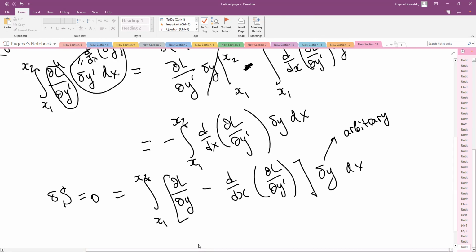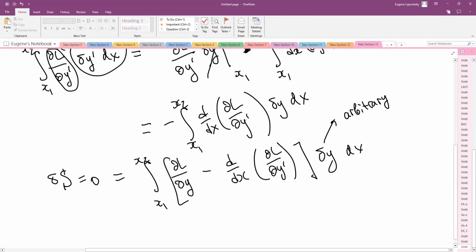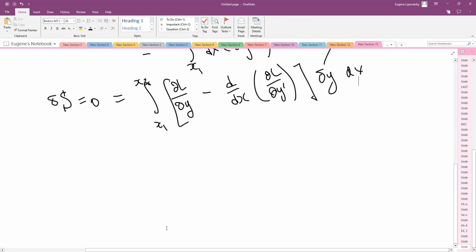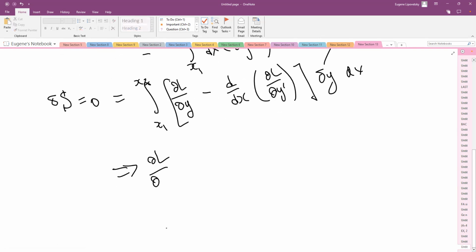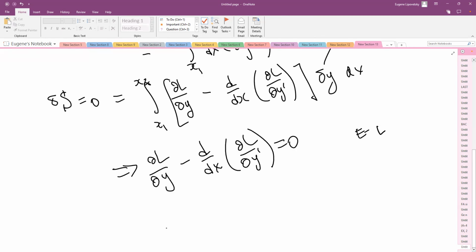And since it's arbitrary, we require that the bracket inside be 0. So dL over dy minus d over dx of dL over dy prime equals 0. And that's the Euler-Lagrange equation.